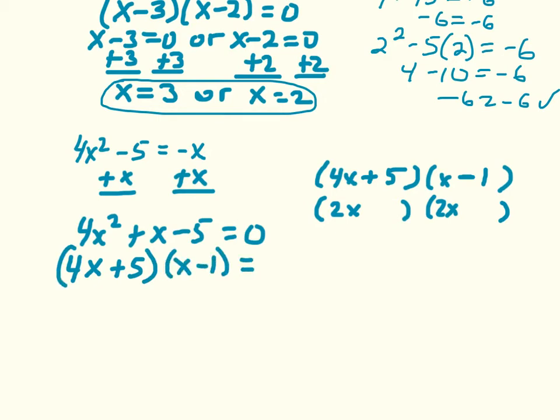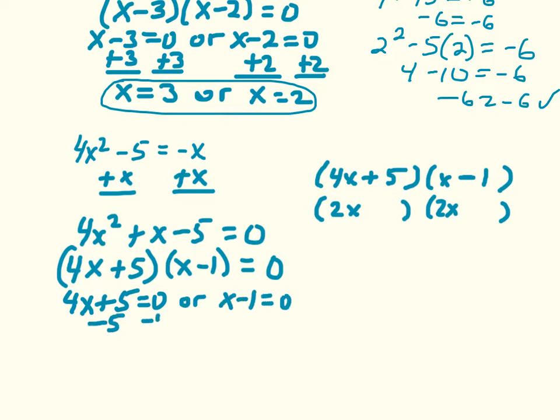We can see that's the right factoring, and again I did that by inspection, because that will get us 4x squared minus 4x plus 5x, that gets me that 1x, and then 5 times negative 1 gets me that. So this is the right factoring. And I've got 4x plus 5 equals 0, or x minus 1 equals 0.